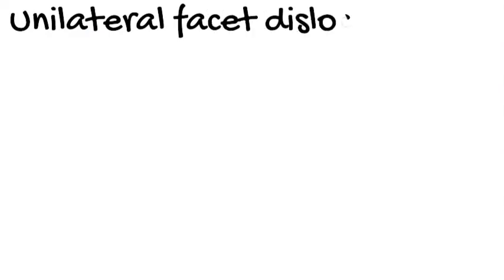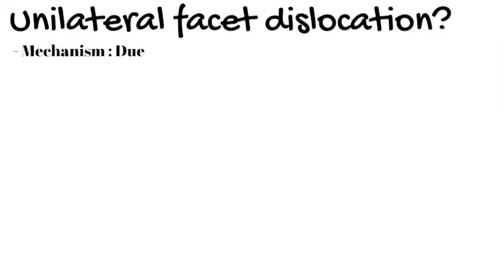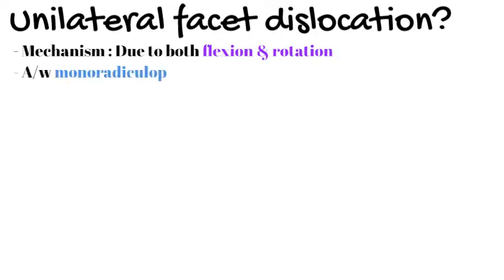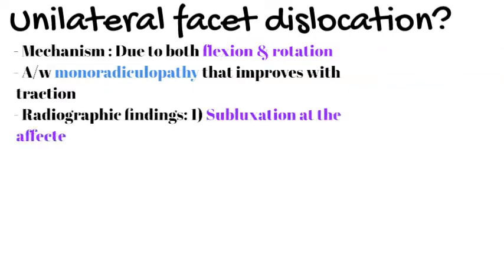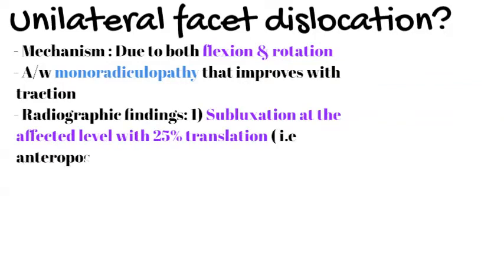Next, regarding a unilateral facet dislocation, the mechanism of injury is due to flexion and rotation. It is always associated with monoradiculopathy that improves with traction. Radiographic findings: 1.